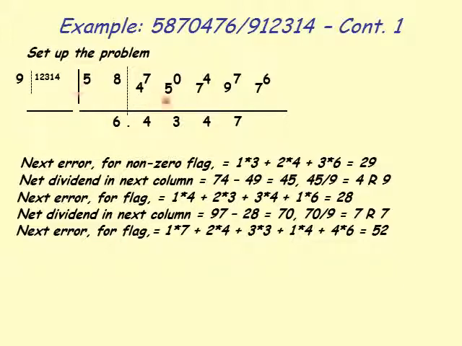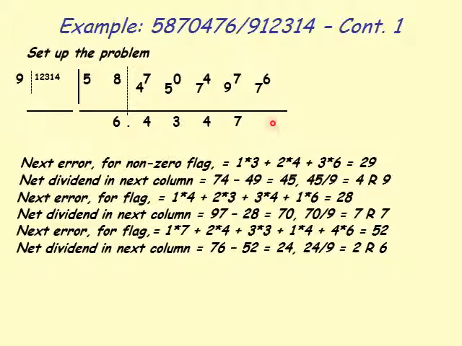So it's 1 times 7 plus 2 times 4. 7 plus 8 is 15. Then 3 times 3, 9. 15 plus 9 is 24. Then 1 times 4 is 4. 24 plus 4 is 28. Plus 4 times 6, 24. 28 plus 24 is 52. So we got an error for the next column of 52.